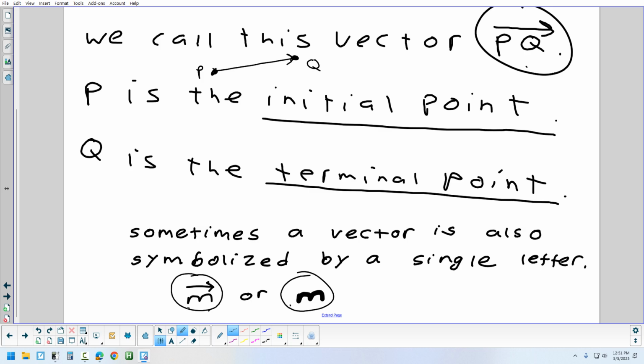I probably wouldn't pick the letter O because it could look like a zero. Lowercase l could look like a 1. X and Y are good ones. You'll see M and N a lot. You'll also see W. Any letter except I, J, and K.